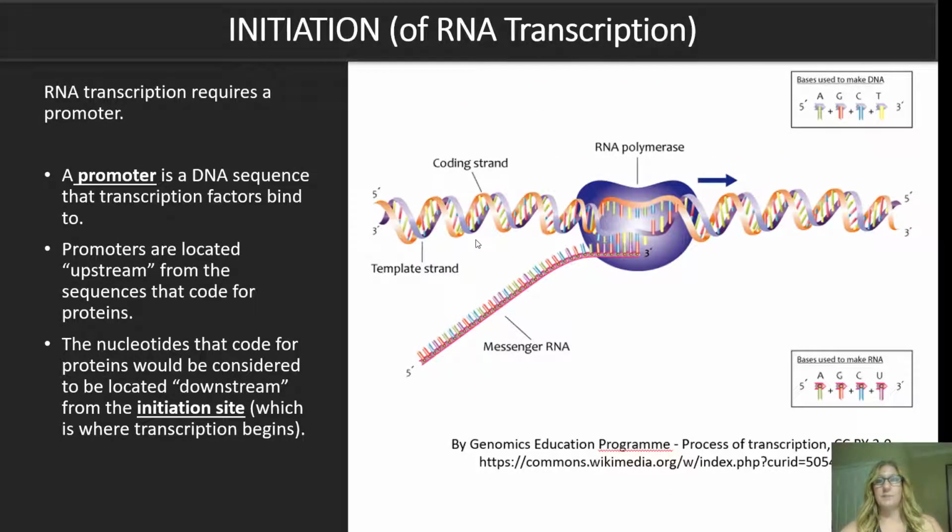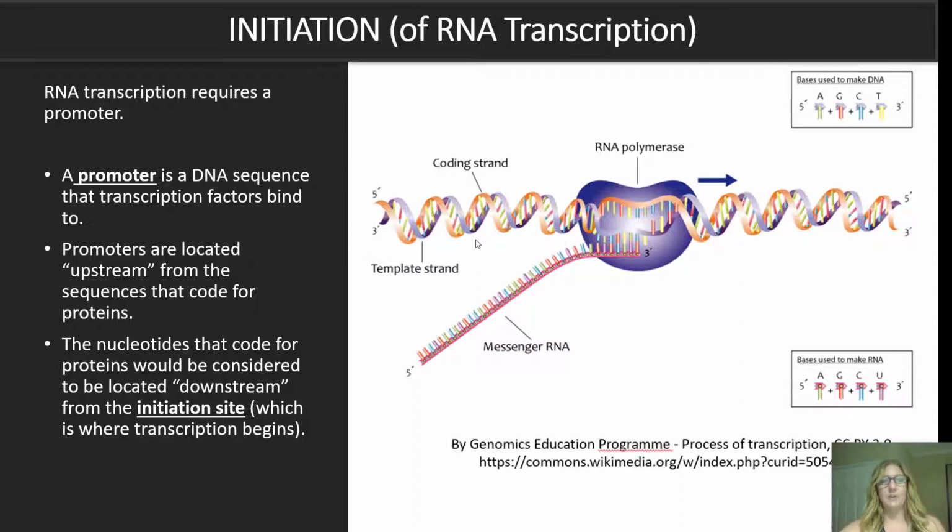So how is this process of transcription initiated? So briefly, RNA transcription is going to require a promoter. What is a promoter? A promoter is a DNA sequence, and the DNA sequence is required for transcription factors to bind in order for any transcription to take place.